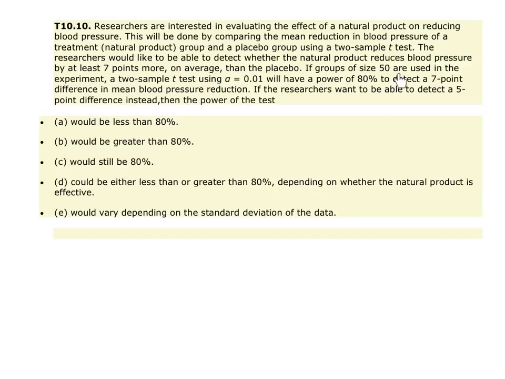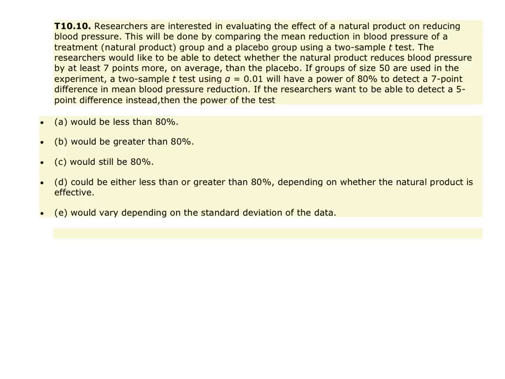If groups of size 50 are used in the experiment, a two-sample t-test using a significance level or alpha of 0.01 will have a power of 80% to detect a 7-point difference in mean blood pressure reduction. If the researchers want to be able to detect a 5-point difference instead, then the power of the test would what? Now, power can be difficult to understand, but let me start by doing this.